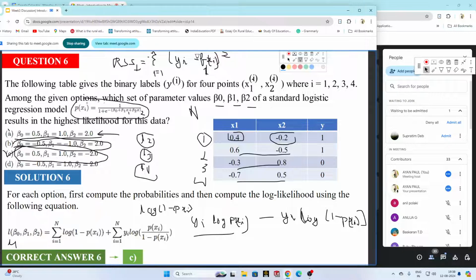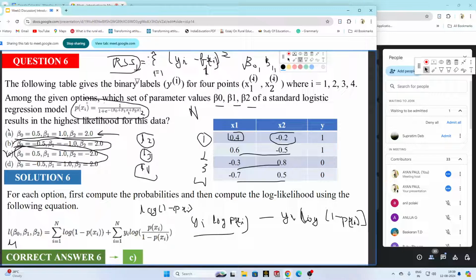How is f1 formed? f1 is formed by beta naught 1 and beta 1 1. You remember this question, right? This f(x1) will be found for beta naught 1 and beta 1 1, and by that you will find RSS1.